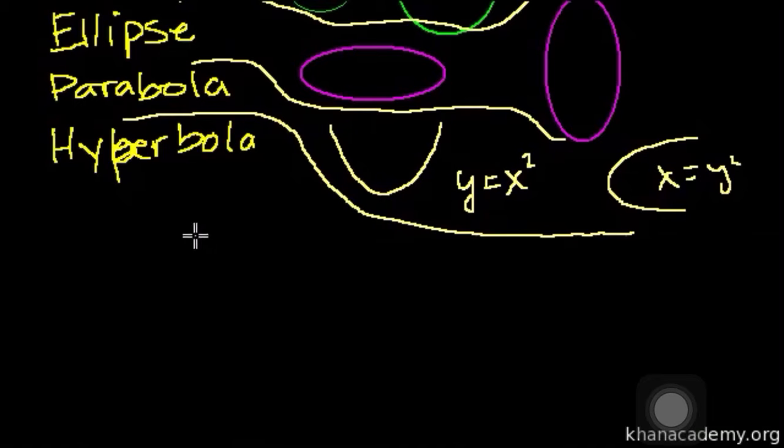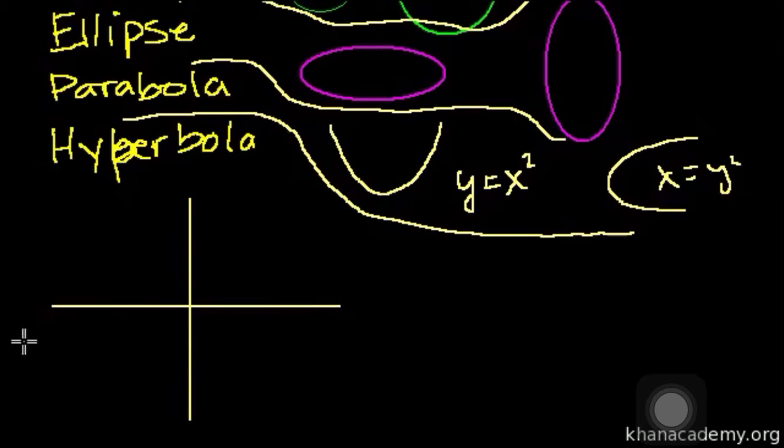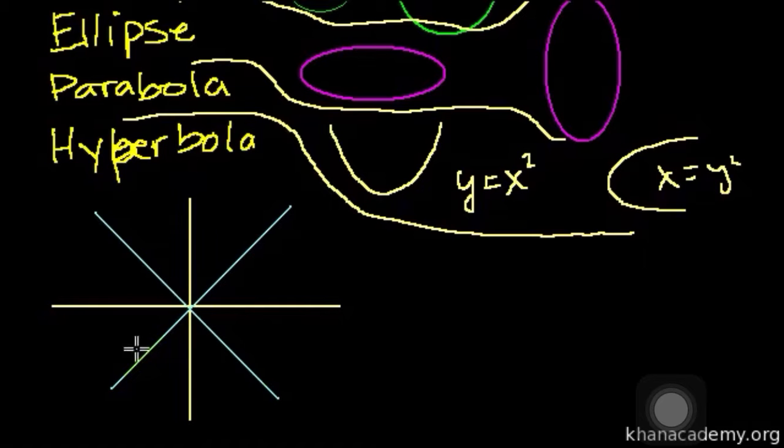So if these are the axes, and then let me draw some asymptotes. I want to go right through. That's pretty good. These are asymptotes. Those aren't the actual hyperbola. But a hyperbola would look something like this.